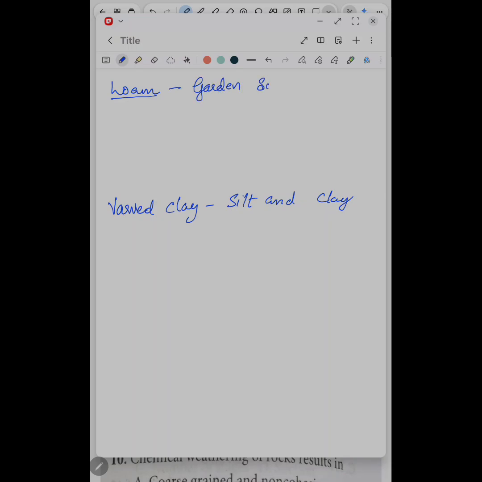Loamy soil is also called garden soil. It is a mixture of sand, silt and clay. And the varved clay is alternate layers of silt and clay.